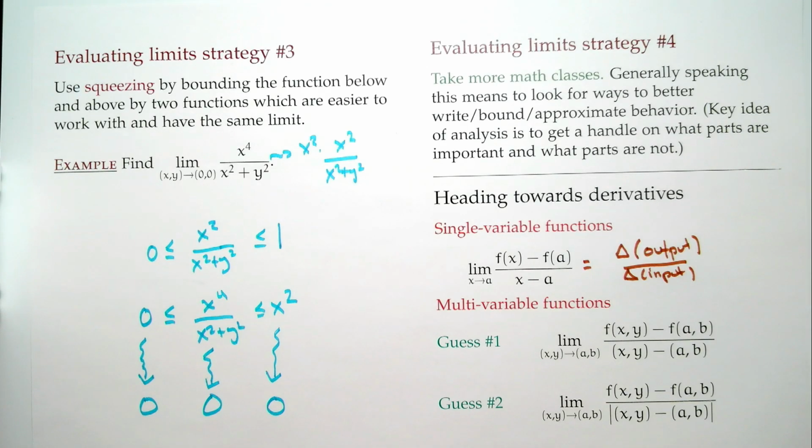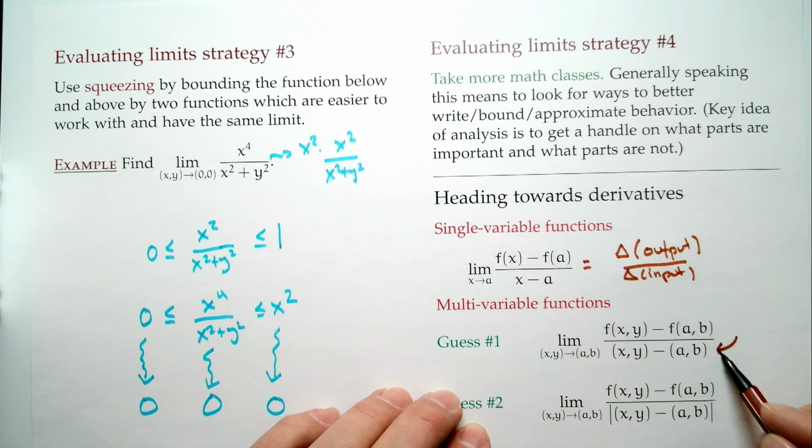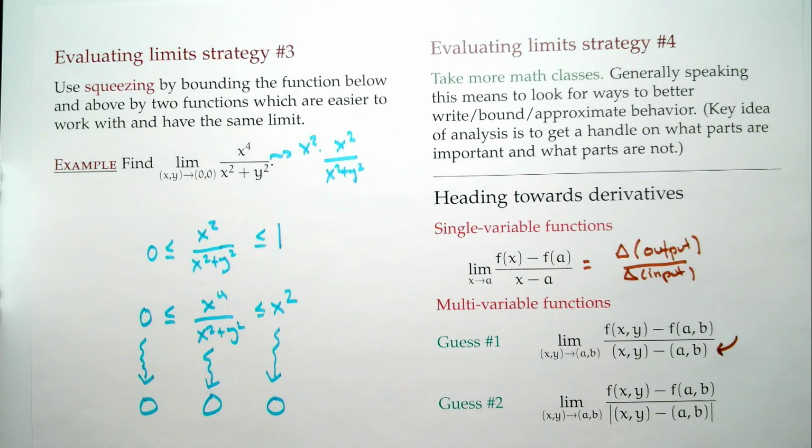Change in output, well, that's basically the obvious thing, f of x, y minus f of a, b. Change in input. Well, now we have to ask, what is this term down here? When I talk about x, y minus a, b, what would it be? It would be a vector.